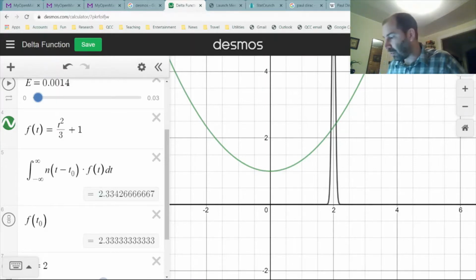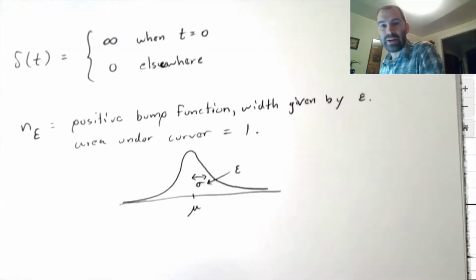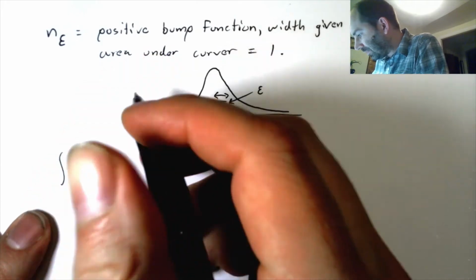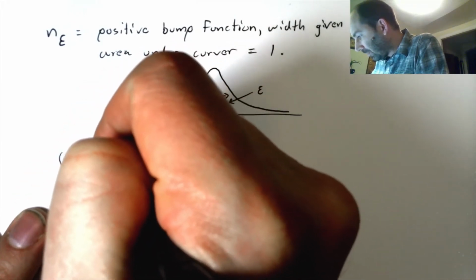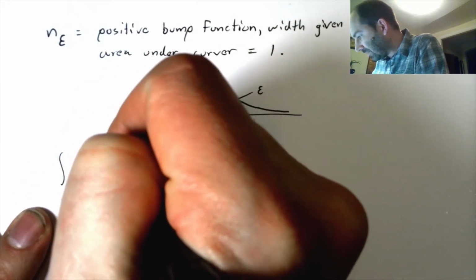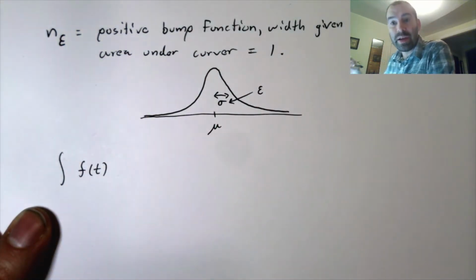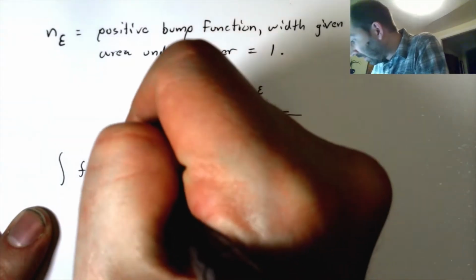So this is an important observation that we're making: when we take an integral and multiply the function times the bump, and we take the limit as epsilon goes to 0, we get the Dirac delta function.